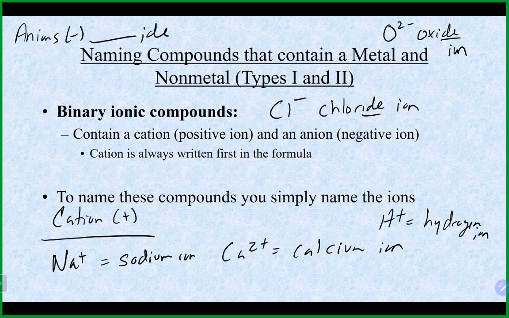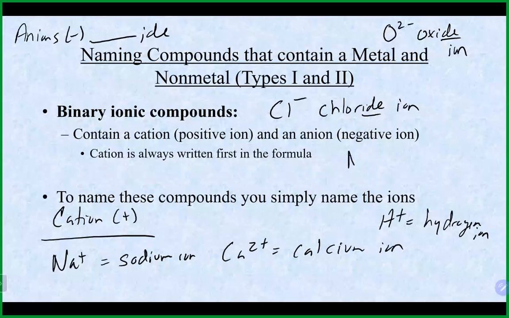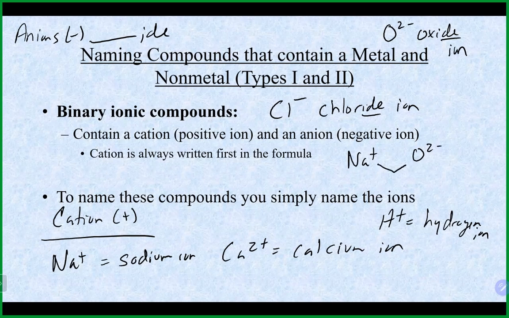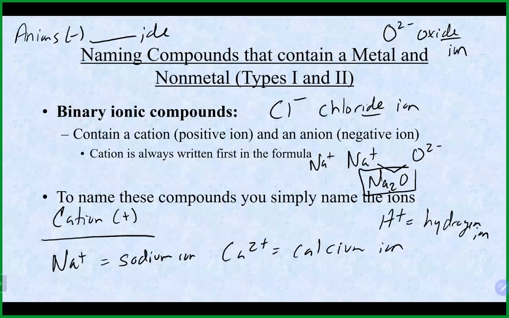When we write a formula for an ionic compound, we always want to end up at 0 charge, as we also talked about earlier. So when we put a sodium ion together with an oxide ion, we need 2 of the sodium ions to balance out the charge. And that would give us a formula of Na2O.